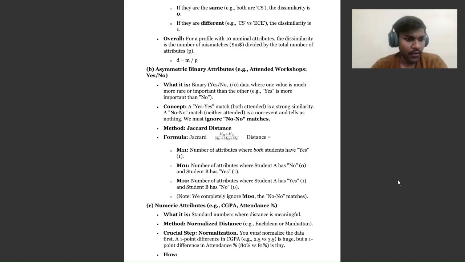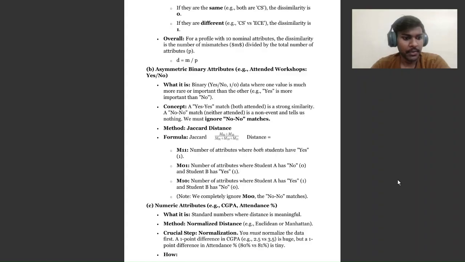We count M11, where both say yes; M01, where the first says no and the second says yes; and M10, where the first says yes and the second says no. We ignore M00, where both say no. This gives us an accurate measure of difference without letting meaningless no matches reduce the distance artificially.